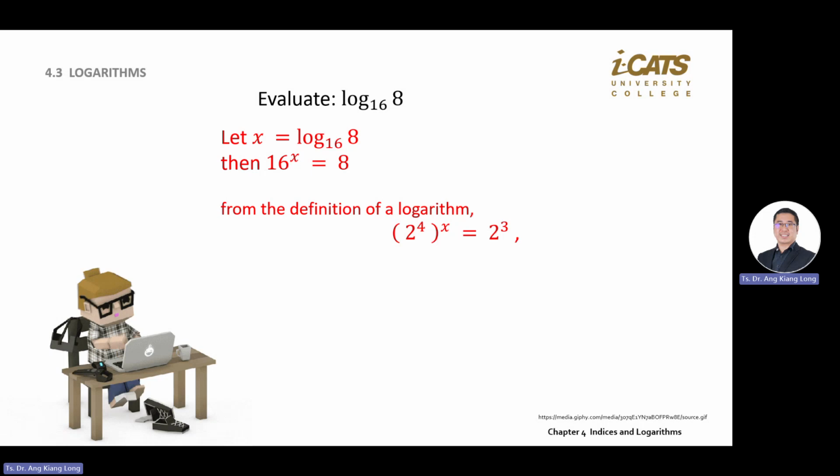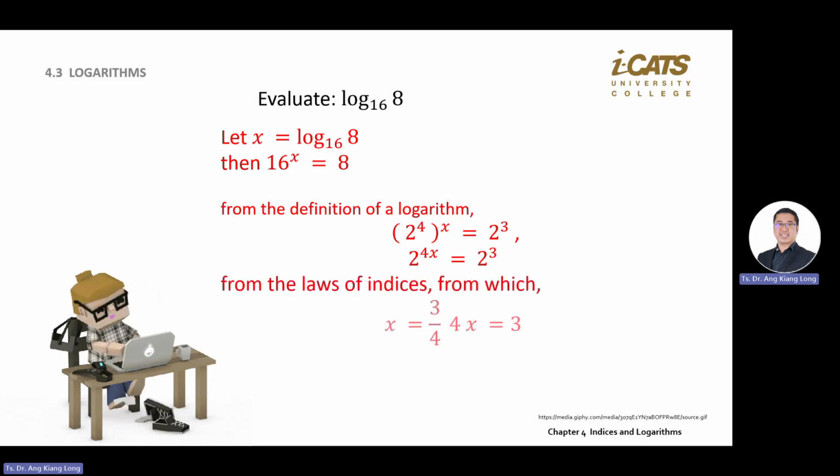The one that you see here is actually to link back what you learned in previous class, indexes. How you convert index into log and log to index. Okay. So you continue. So you can find the x. X is 3/4. Okay. So in the test, you don't need to write the law of indexes. No need.